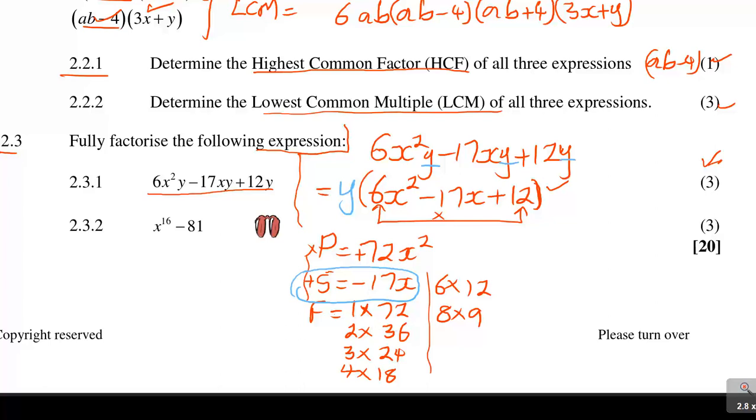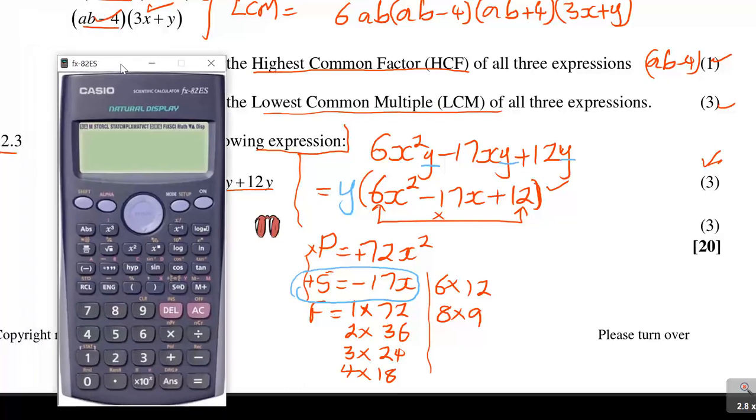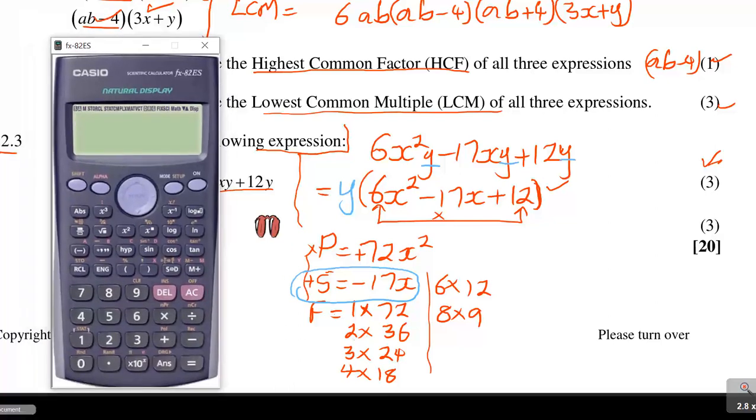For example, to give you an idea what I'm talking about, if I'm looking at 2 and 36, it's either 2 times 36, I will get a 72, or minus 36 times negative 2, I will still get a positive 72. So both numbers must be negative or both numbers must be positive.